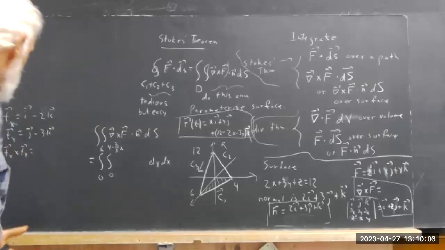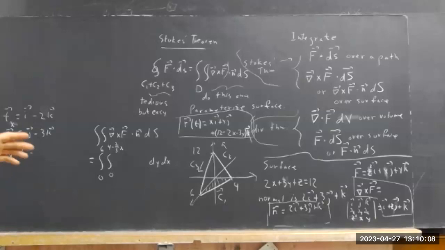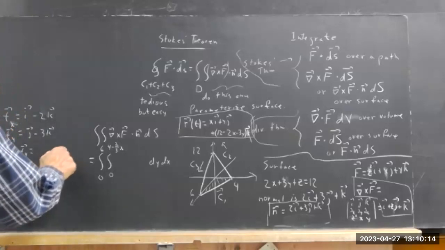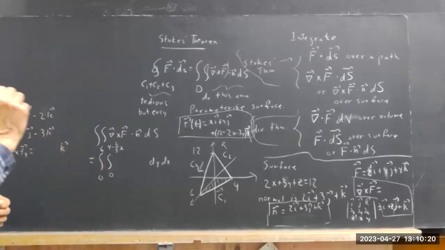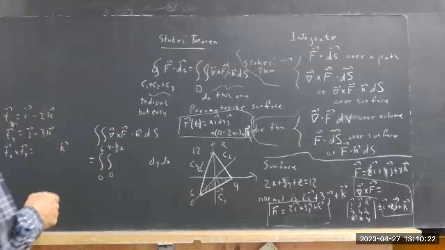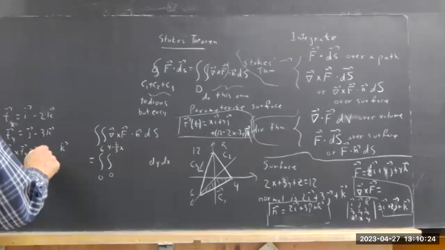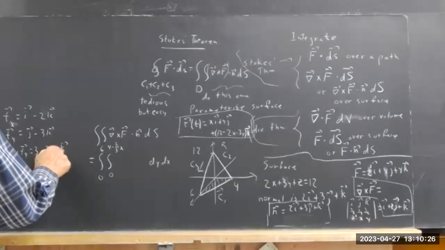Tx cross Ty, and again, we did this with u and v, and it was x and y this time. i cross j is k. i cross k, make sure, i cross k is negative j. It's negative 3, so it's going to be 3j. Now let's get 3j here.